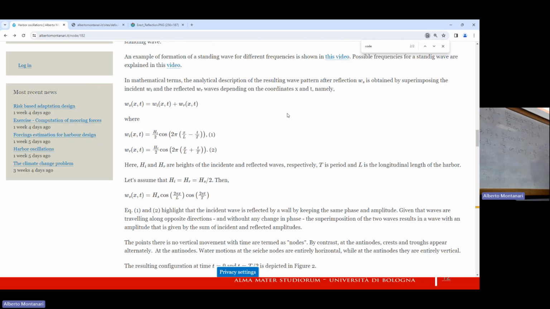And this is the result. In order to get a node here, we should have got a minus sign instead of a plus here.